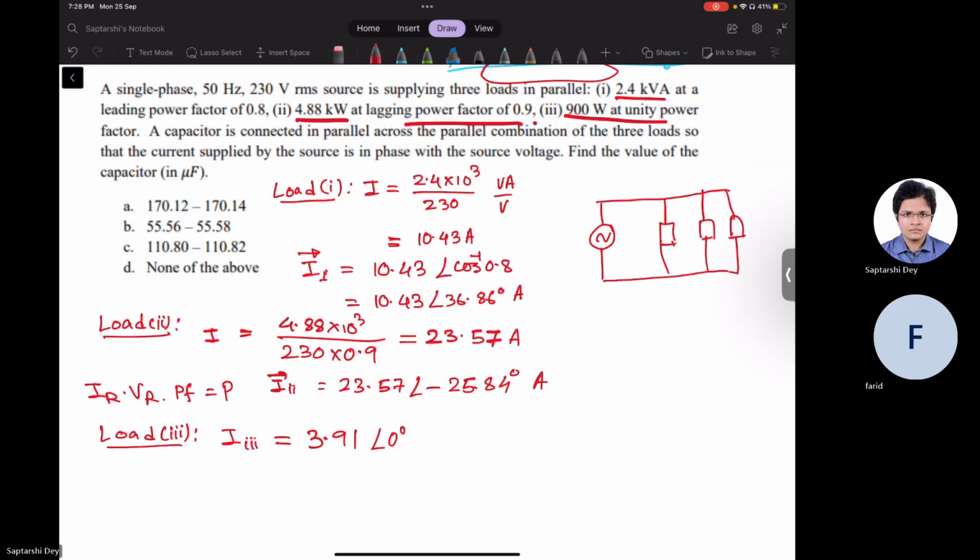Sir, I3? Why I3? Why not I1 or I2? Equivalent, right? They're in parallel. So why suddenly I3?